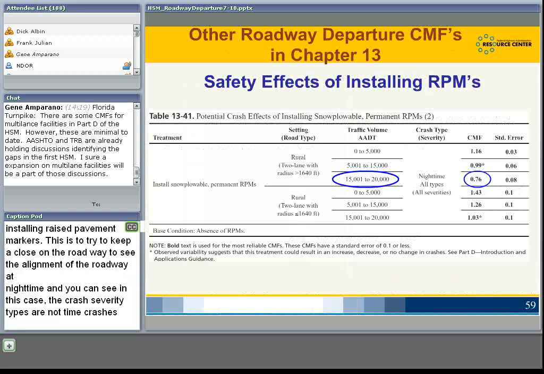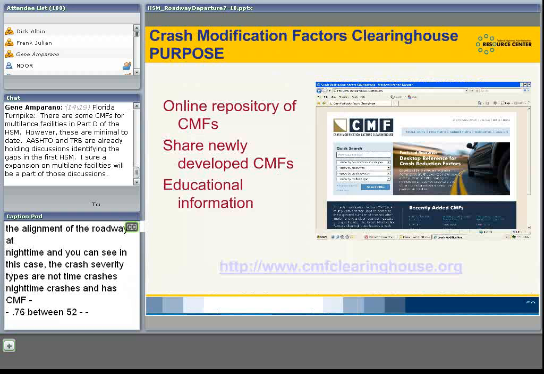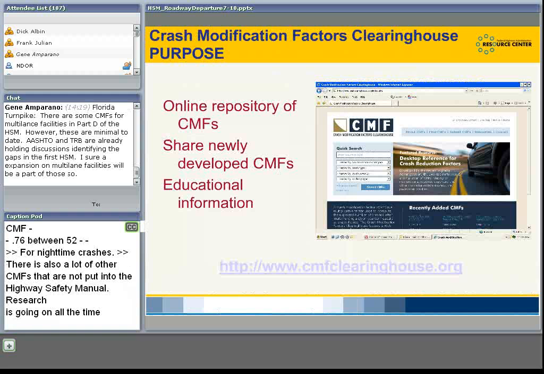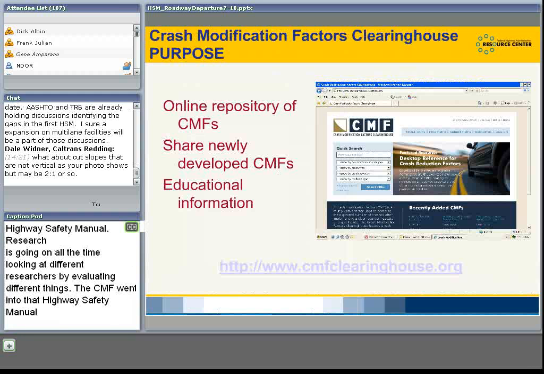Again, the intent is to try to keep vehicles on the roadway, allowing them to see the alignment of the roadway at nighttime. And you can see that in this case, the crash severity type is nighttime crashes, and it has a CMF of 0.76 for your ADT between 15,000 and 20,000 vehicles per day. You might expect a CMF of 0.76 for nighttime crashes.